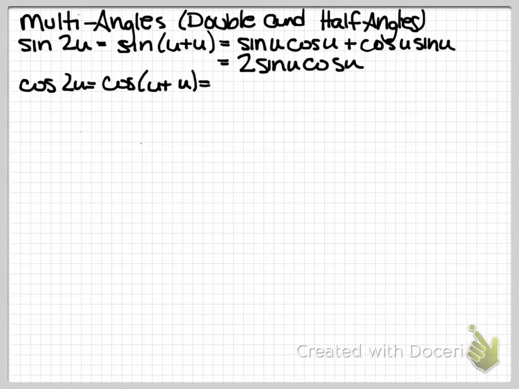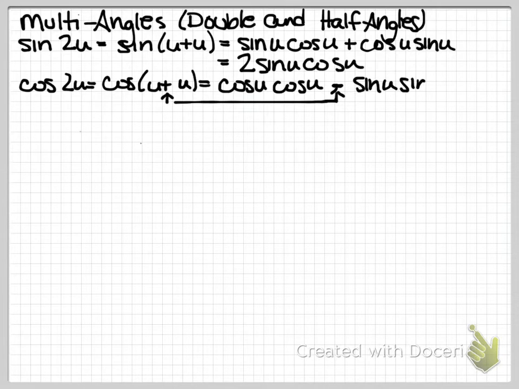And the sign in between, whether it's plus or minus, depends upon what's inside of our parentheses, and it's the opposite. So this was cosine u, so it's going to be cosine u times cosine u. This is a plus, so that means this one needs to be a minus, sine u, sine u.